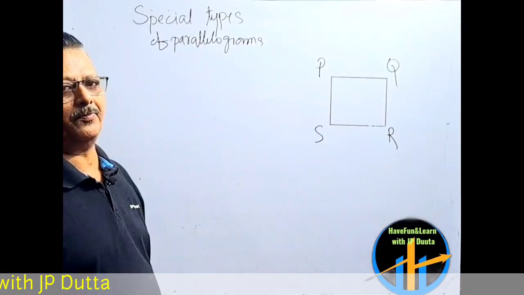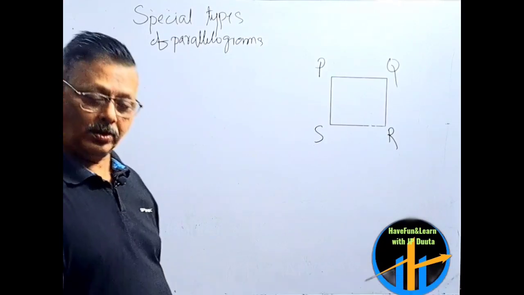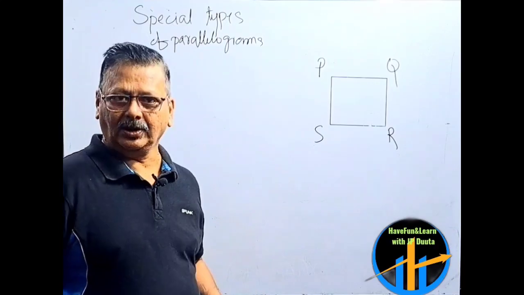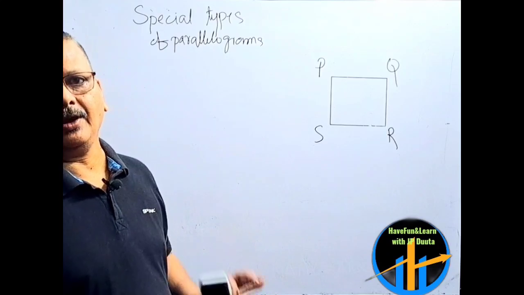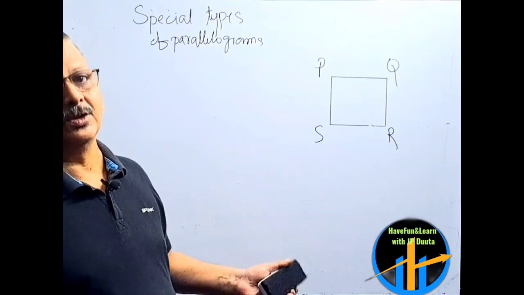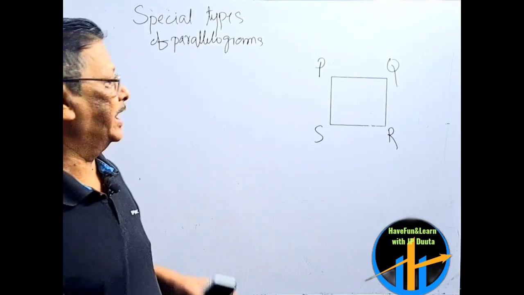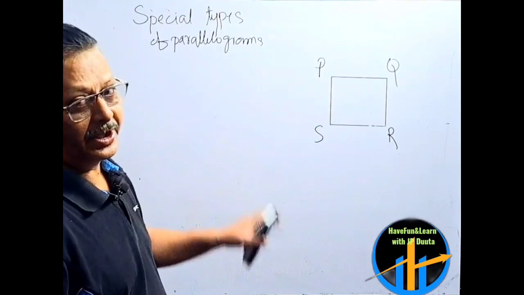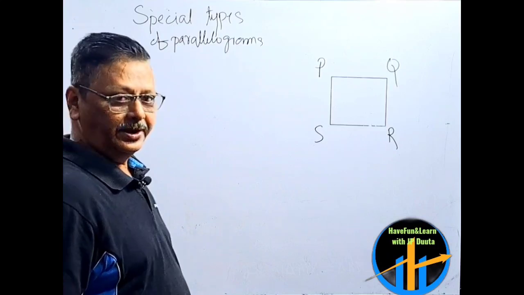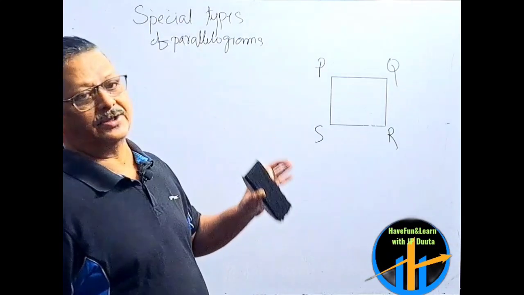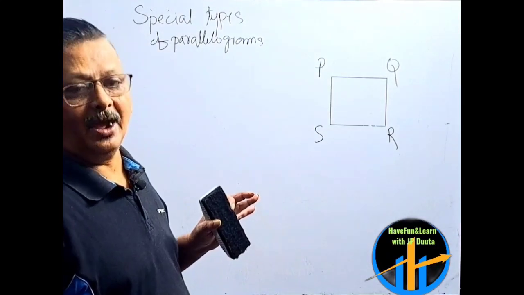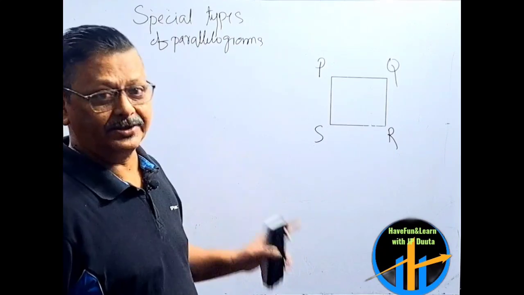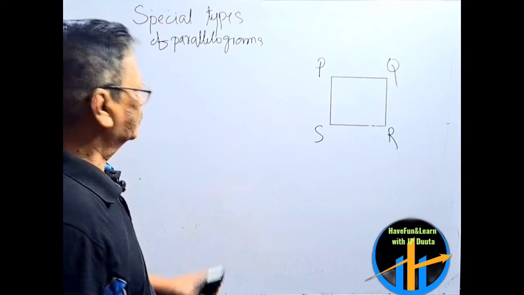Second in the family of special types of parallelograms is a square. Since a square is a parallelogram, all the properties of a parallelogram hold good except the following, which I am writing down. All the sides are equal, interior angles are all equal to 90 degree, and the diagonals bisect each other, are equal to each other, and bisect each other at 90 degree. So let us write it down.